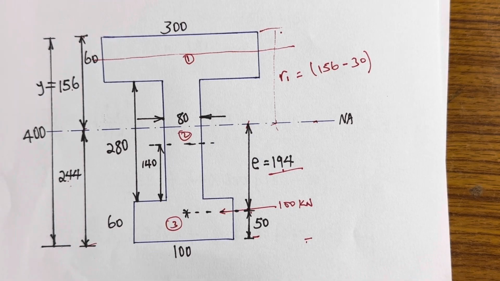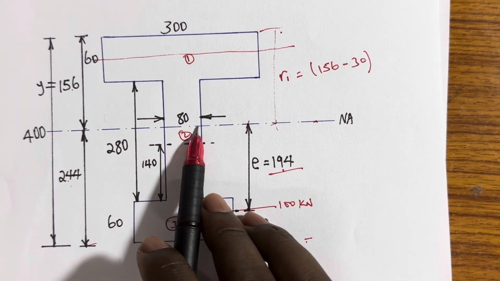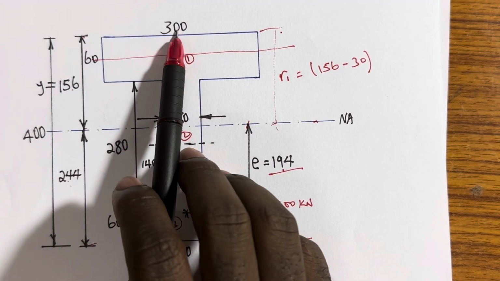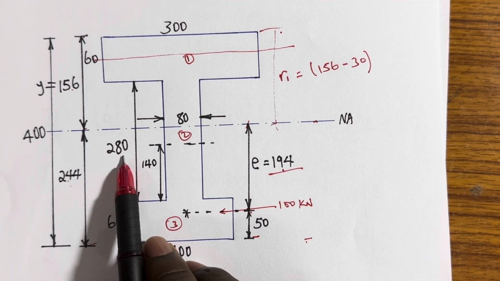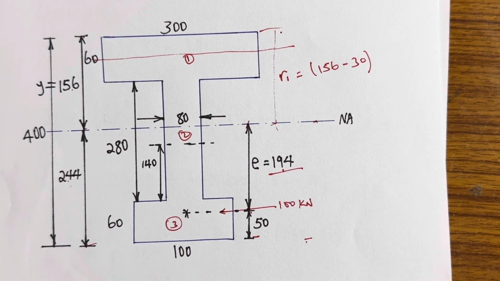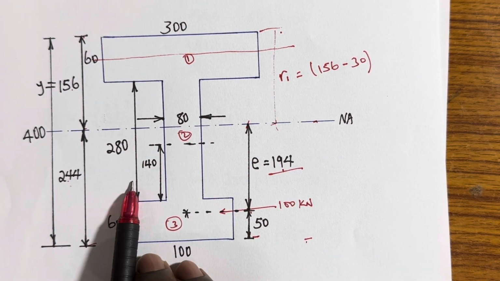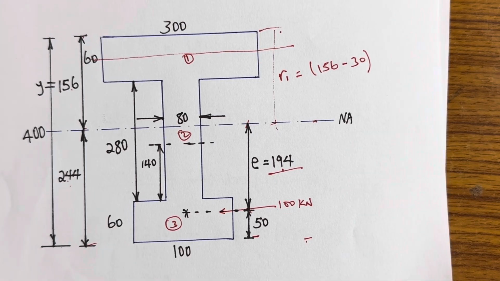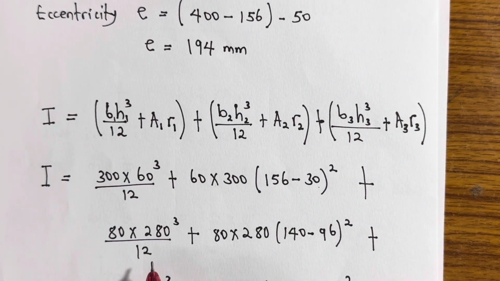What is horizontal, this 80, treat it like the 30 in the first figure. So what we're going to cube is 280, just like the 60. So my B is 80 and my H is 280. So it is 80 times 280 cubed divided by 12, as you can see here.